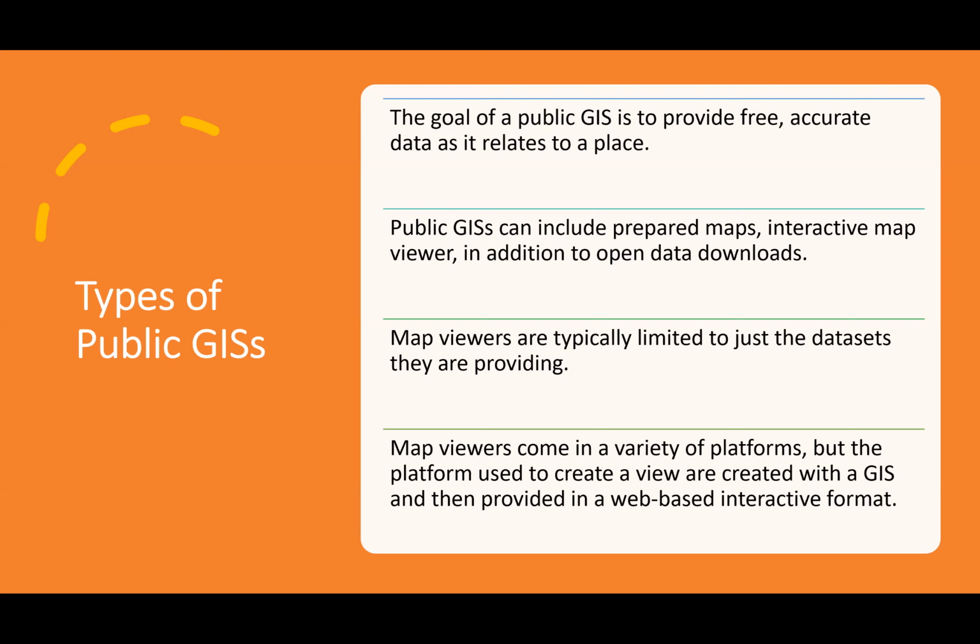Map viewers are typically limited to just the data sets they're providing. What that means is that the map viewer or the GIS viewer that you're using to look at the information that's available, you can't upload or merge it with other GIS viewers.